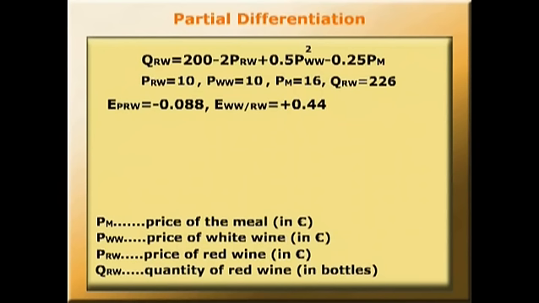Finally, let's see how sensitive the demand for red wine is to changes in the price of restaurant meals. Again, we need to find the cross elasticity. This time we partially differentiate our function with respect to the price of the meal. Again, ceteris paribus. So dQRW by dPM equals minus 0.25.